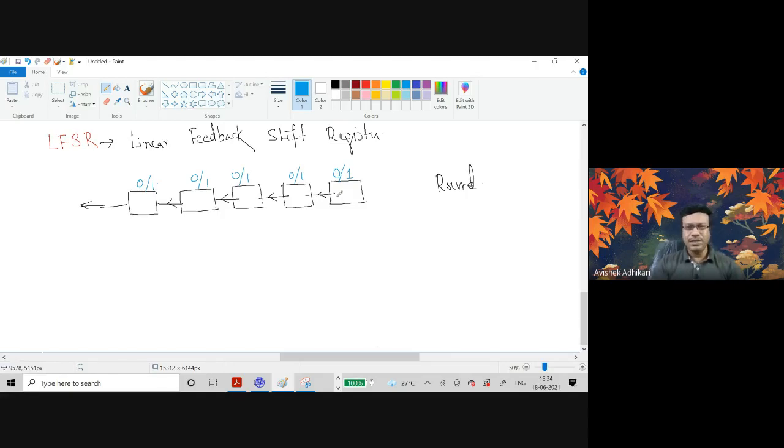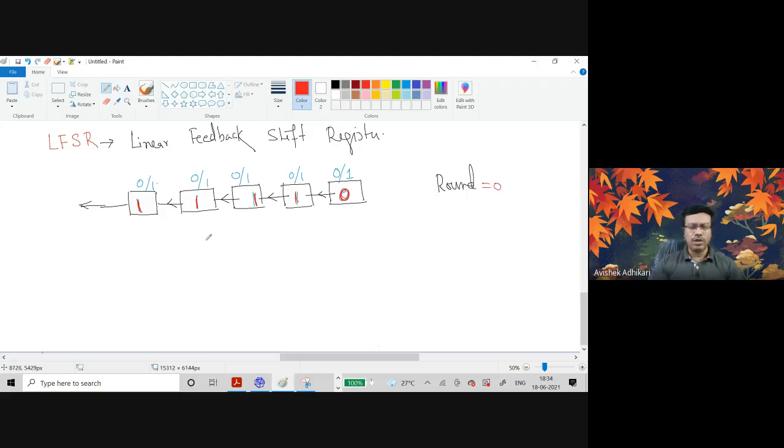So at each round, each value stored here is shifted from right to left. That means suppose you have 1 1 1 1 0 present here, say at round 0.